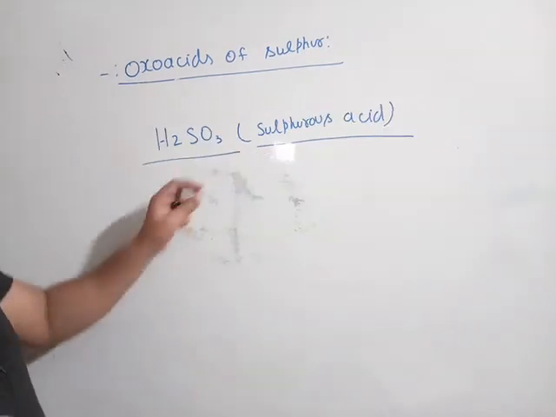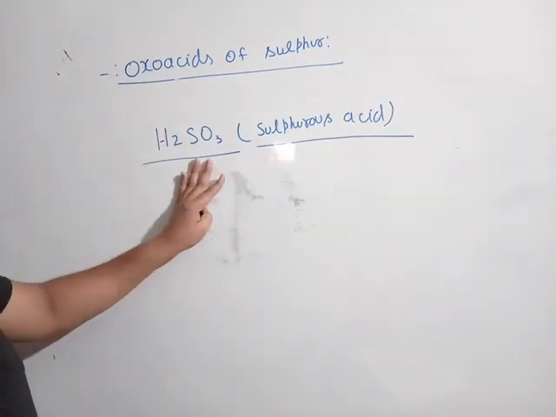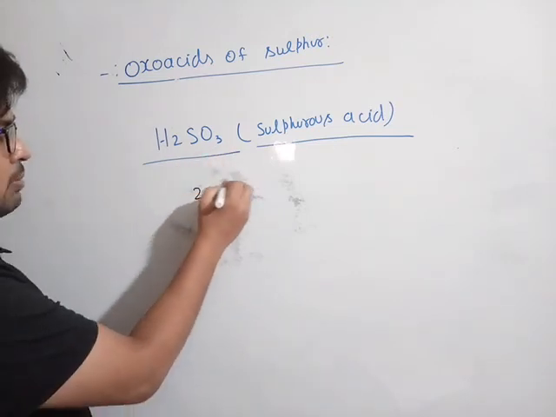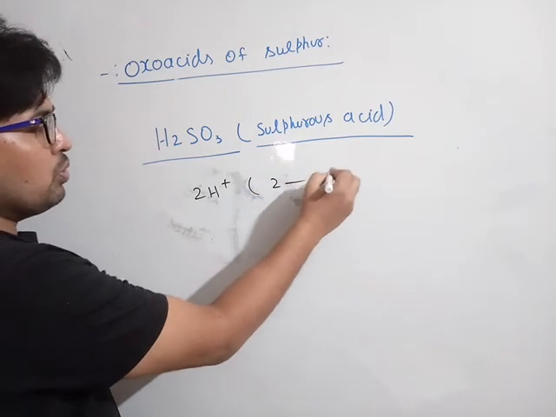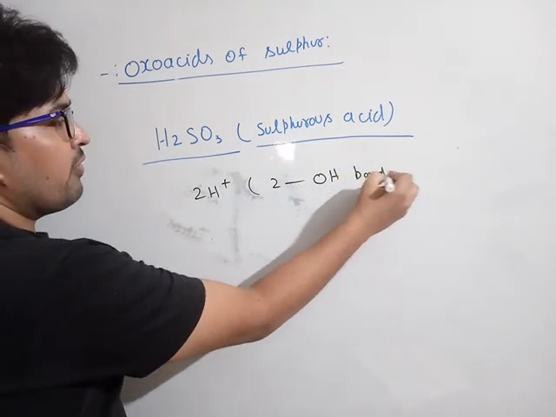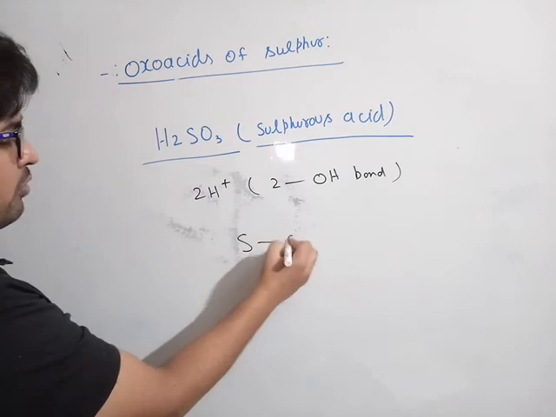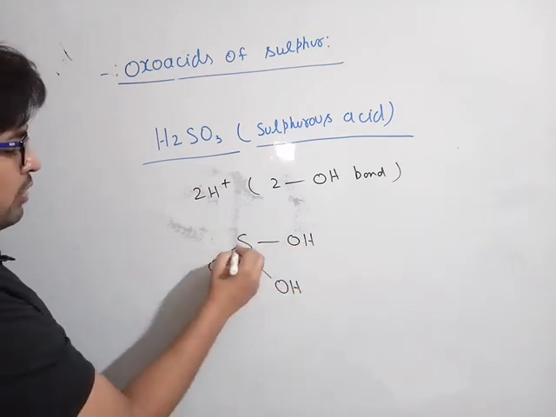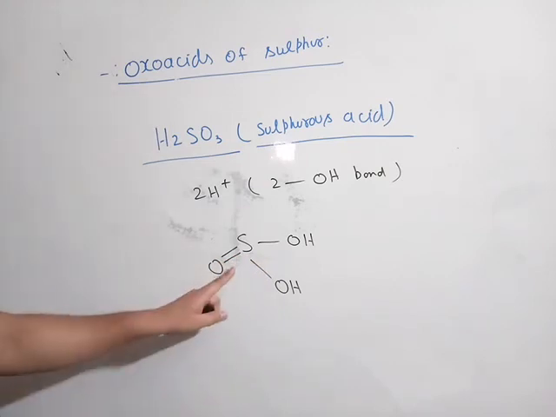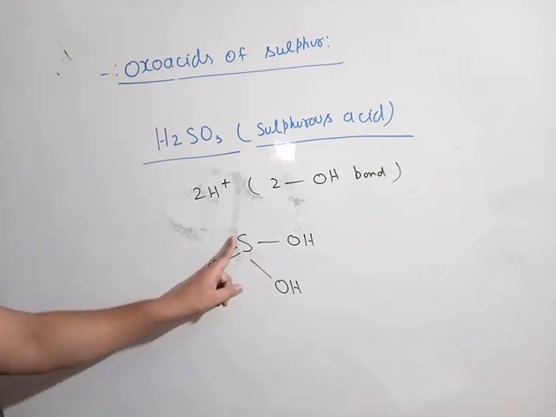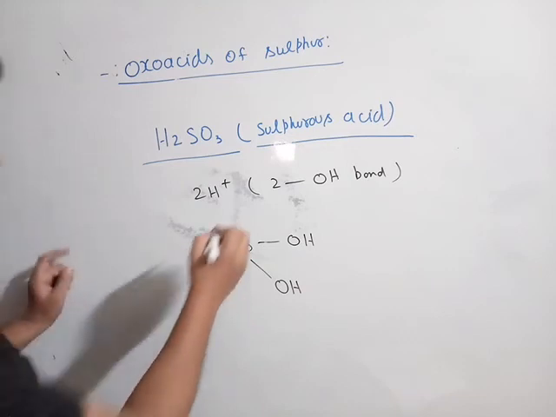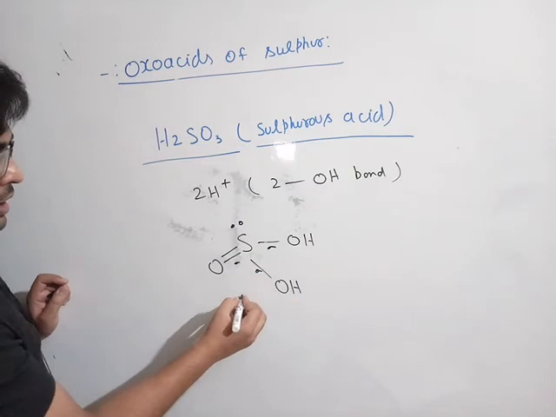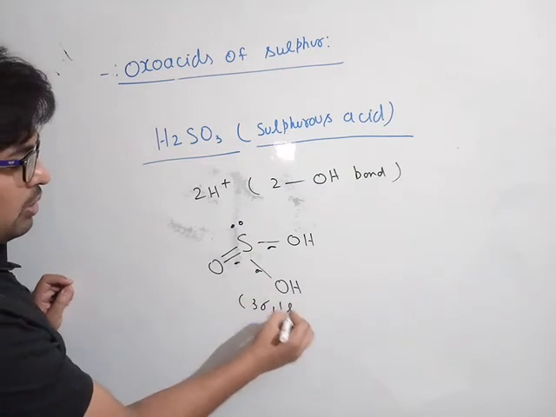Sulfurous acid, that is H2SO3, is also a dibasic acid, so it will give 2 H plus ions and will also have 2 OH bonds. Roughly, sulfur will have 2 OH. How many O do we have left? 1. So 1 O will take 2 electrons. Sulfur had 6 electrons in the outermost shell, and it will have a lone pair. So the case we have is 3 sigma, 1 lone pair.